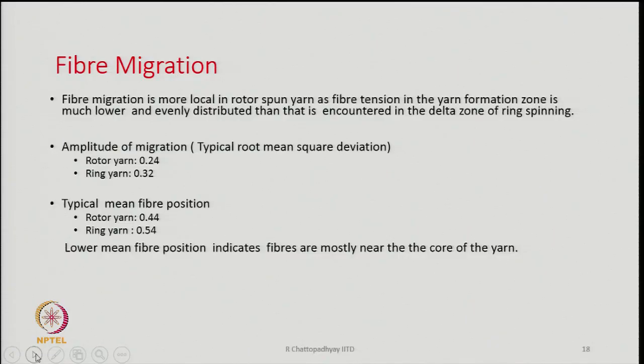If it is not, then there will not be any interlocking between the fibers existing in different concentric zones of the yarn. So, therefore, migration is very important, that is, a fiber will move like this.